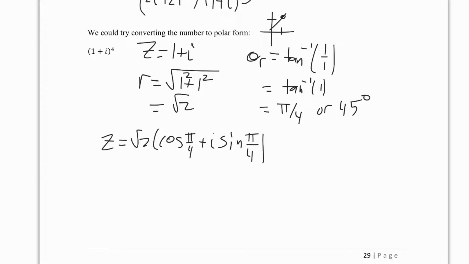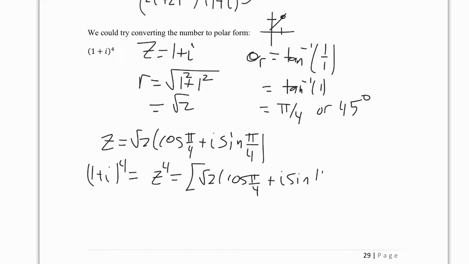So if we want to calculate 1 plus i to the power of 4, that means we have to calculate z to the power of 4, which means we have root 2 times cos of pi by 4 plus i sine pi by 4, all to the power of 4.